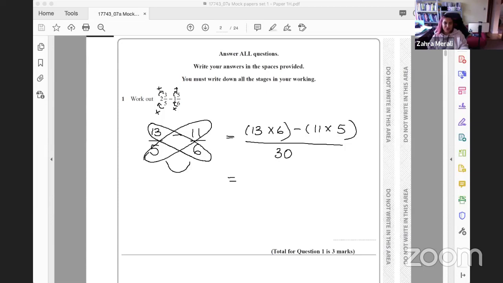You might know your 13 times table. If you don't, it's not a problem. You do 10 times 6, 3 times 6, and add them together, which gives you 78, minus 55, hopefully 11s are okay, over 30. Then we end up with 23 over 30. And that's your answer to question 1.